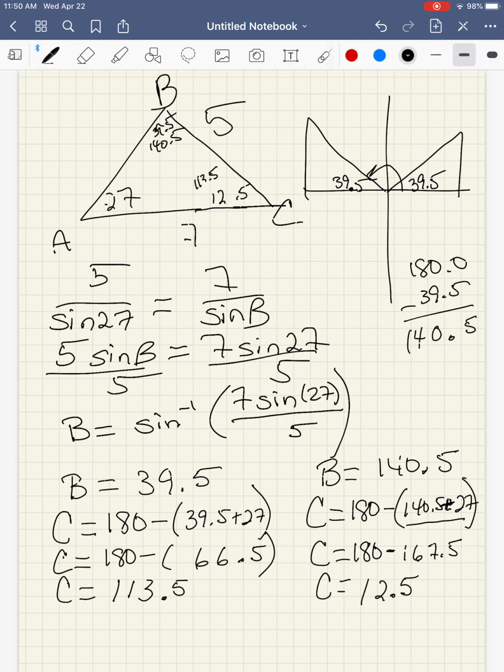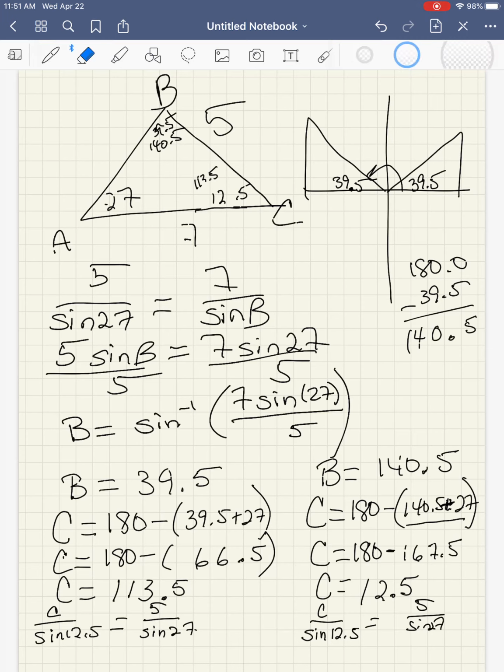All right, so set up law of sines to find the other side. So I'm going to say C over the sine of 12.5 equals 5 over the sine of 27. Actually, I wrote that the wrong way. I'm sorry, guys. It should be over here. C over the sine of 12.5 equals 5 over the sine of 27.